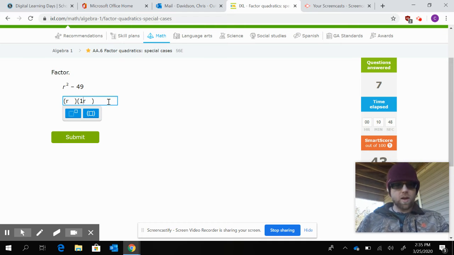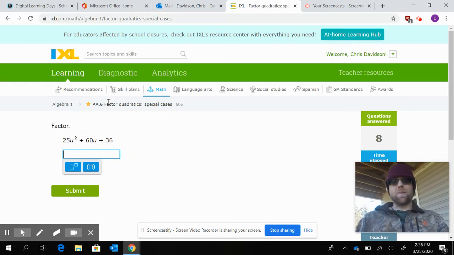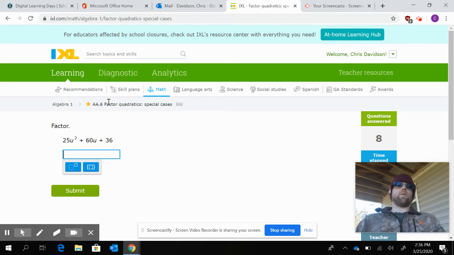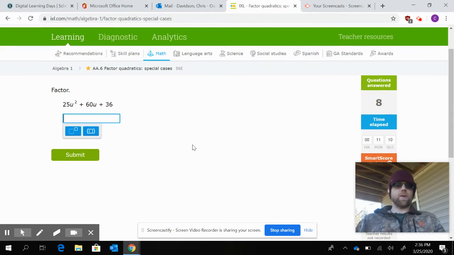If y'all want to put the 1, you can. I'll go ahead and put it. And what's the perfect square of 49? 7, 7. One minus, one plus.